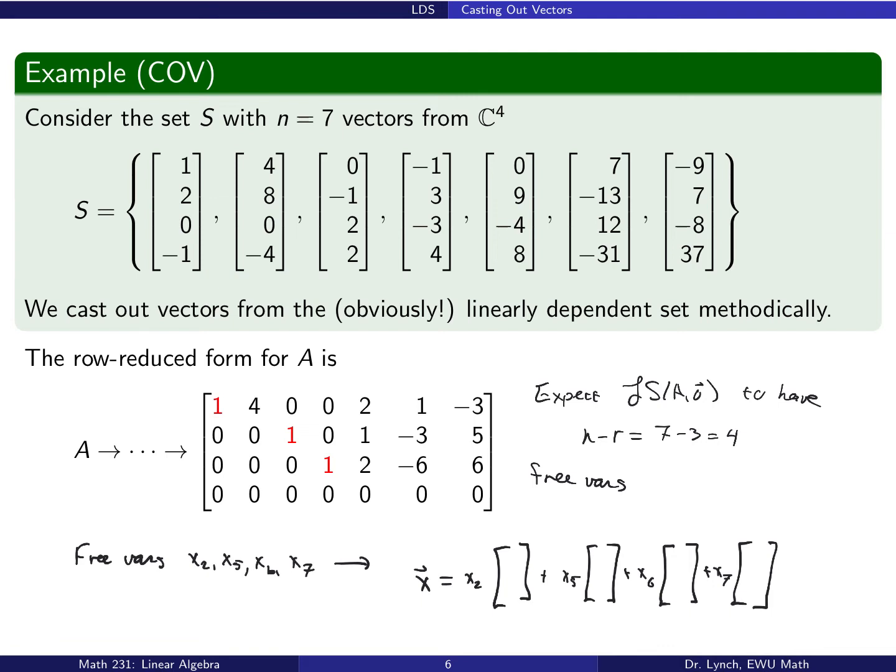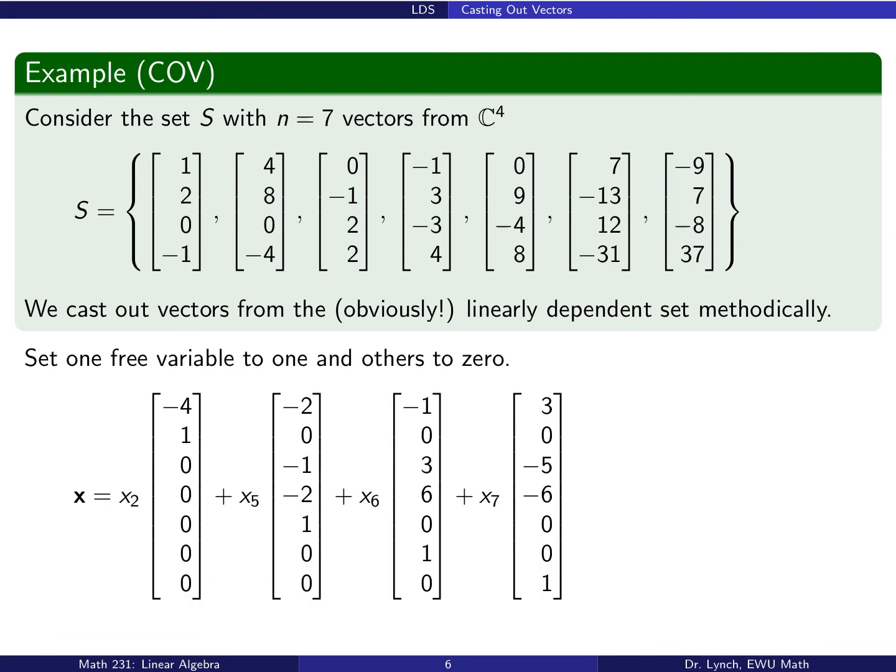Okay, and we know how to fill in these details. I won't go through that, but here's what you get when you identify the free variables. So here's the solution to the homogeneous system of linear equations.